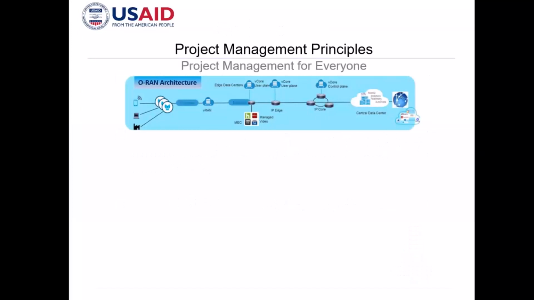So by now, I think you have attended a lot of seminars about O-RAN. And by now, you should be familiar with at least the O-RAN architecture. As you can see, the O-RAN architecture is very complex, from the end user equipment, from the cellular sites that they're going to use, up to the fronthaul, to the core of their network, to your data center, and even to your backhaul, right?